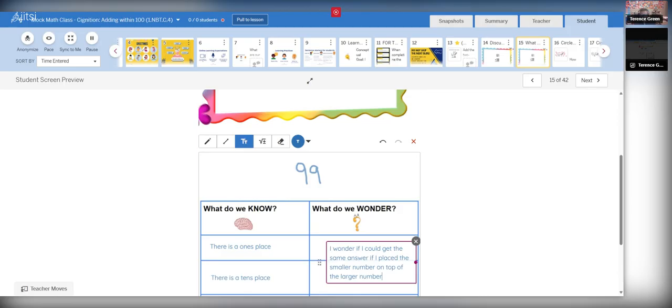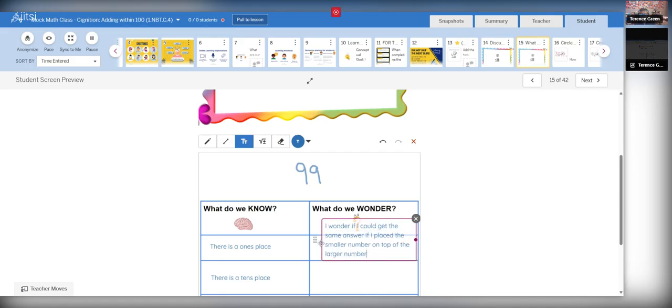That's a good point. I wonder if I'd get the same answer if I placed a smaller number on top of the larger number. That's a good point. So that would be an I wonder question there.